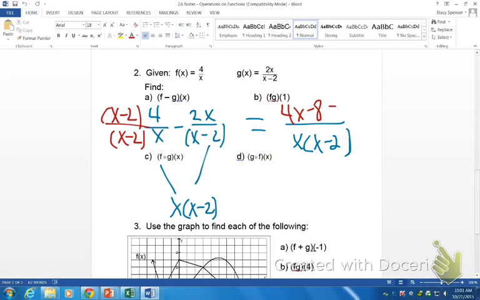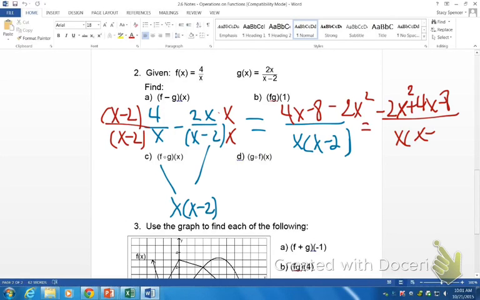X. So we have to do the same to the numerator. 2x times x would be 2x squared. Let's clean this up. Always put it in descending order. So we'll do negative 2x squared plus 4x minus 8 over our common denominator of x times x minus 2.